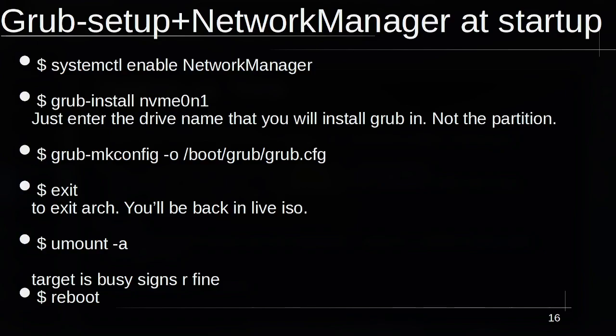Okay, so you exit to exit Arch. You'll be back in the live ISO where you were doing the disk partition stuff. Now you do umount -a. You're going to unmount all of the drives you had mounted previously, and you're going to reboot. Now one thing, if everything worked for you before doing this, then that's great.